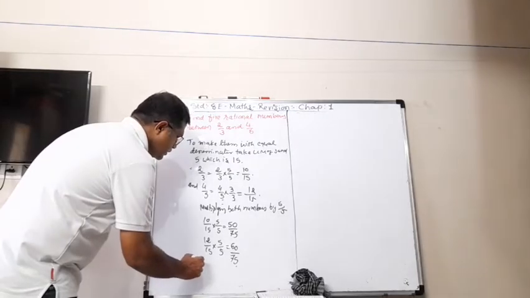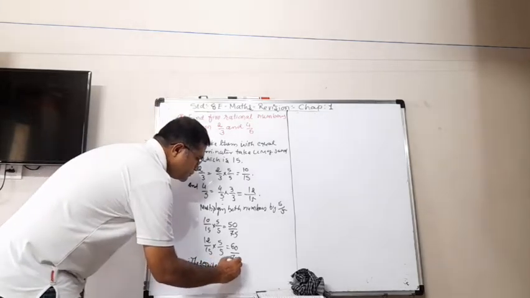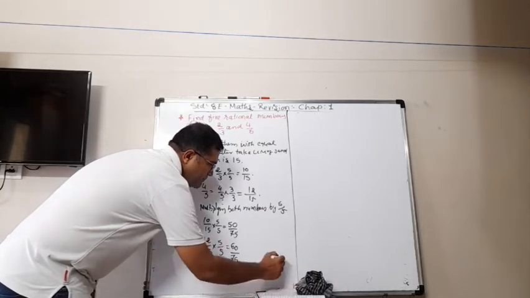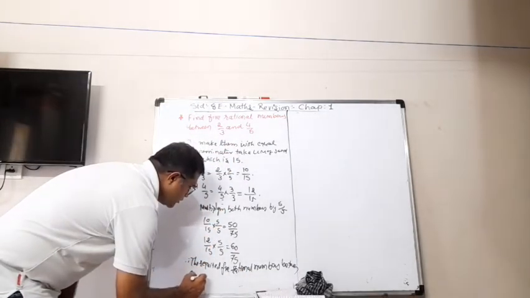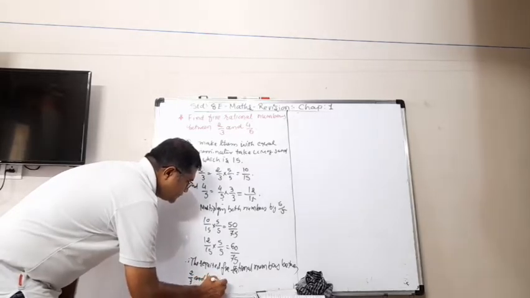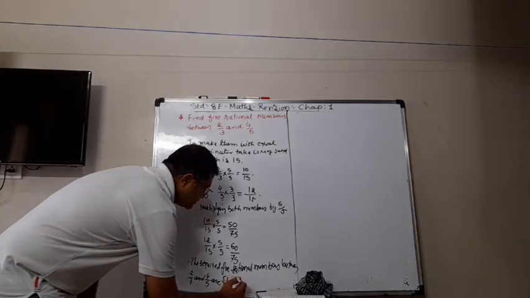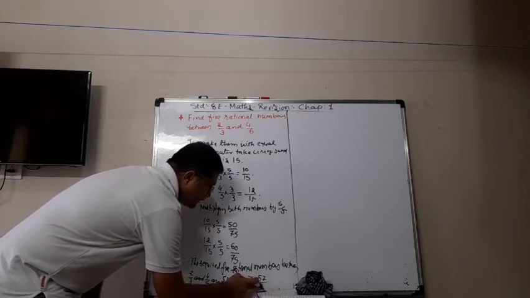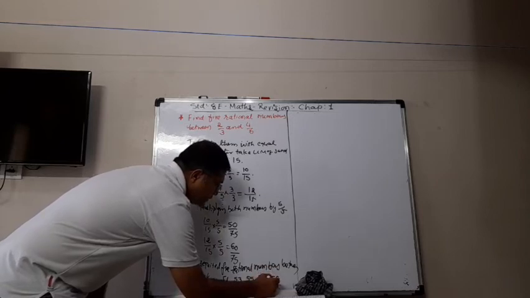Therefore, the required 5 rational numbers between 2 by 3 and 4 by 5 are, you can say, 51 upon 75, 53 upon 75, 55 upon 75, 57 upon 75, and 59 upon 75.